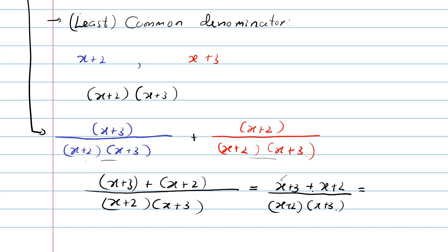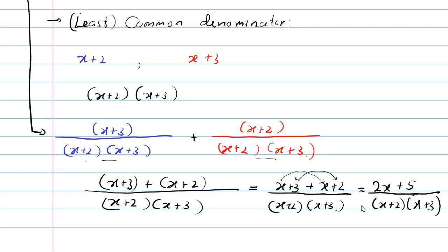So x and x gives you 2x. 3 and 2 gives you 5. Down below is just this common denominator, x plus 2, x plus 3. Okay, so this is what we end up with.